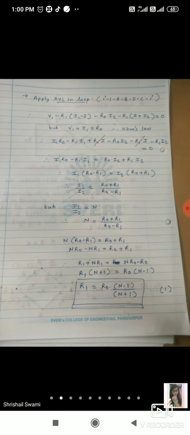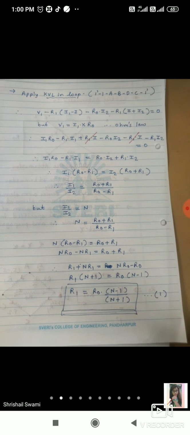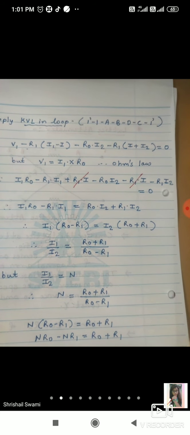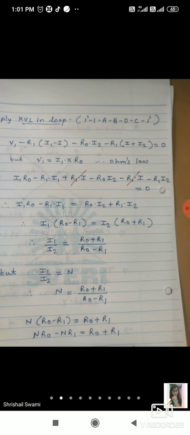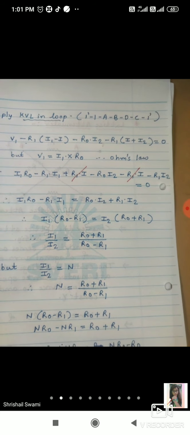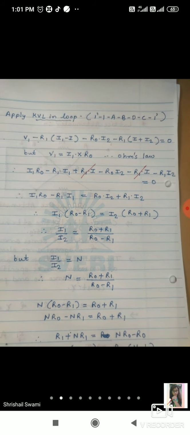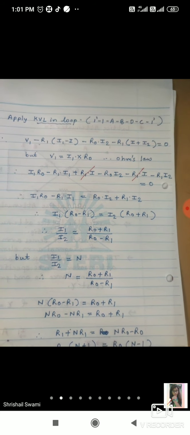It is a simple derivation. Properly you have to apply the KVL. For that I have written the path also. If you did not understand the path, I have written it in brackets. So 1 to A, B, D, C and 1 dash, in which only R0 is there and R1 is there. R2 should not be seen. Understood?